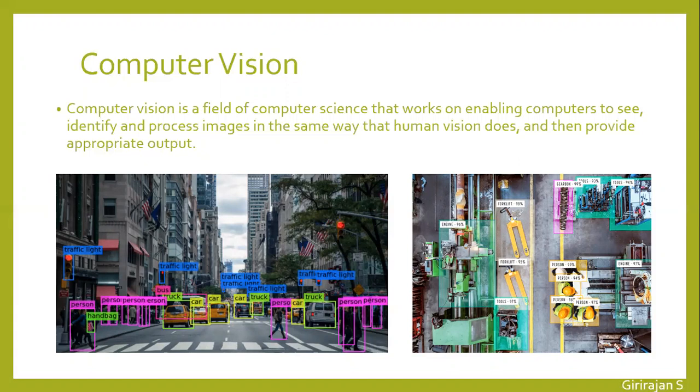This system can create 3D models of the road and predict crashes. So when humans look at an image or video, we can recognize and locate objects of interest within a matter of moments. The goal of computer vision is to replicate this intelligence using computers. So I think computer vision is clear right now. Let's move on to the next slide.